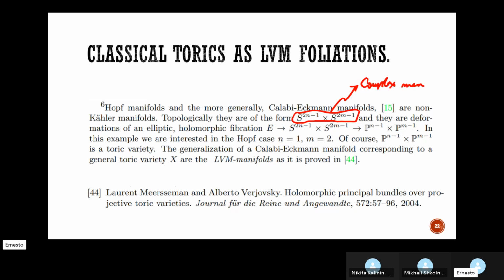Of course, Hopf manifolds are Calabi-Eckmann manifolds of the form S1 cross S3, or S1 cross S2n minus 1, also called Hopf manifold. Notice that both Calabi-Eckmann manifolds and Hopf manifolds are complex compact manifolds.